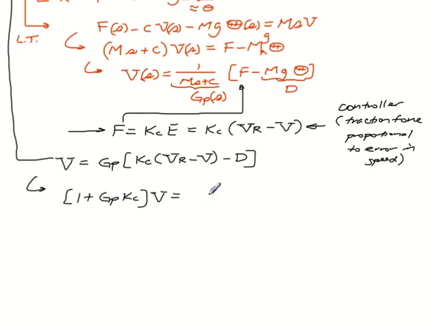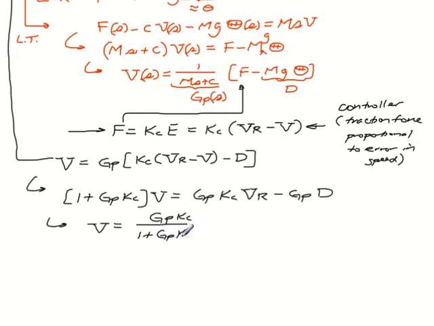On the right-hand side, I have Kc times Gp Vr, and I have Gp times D. So therefore, what we have here is V, the output, is Gp times Kc divided by 1 plus Gp Kc. That's the transfer function between the speed and our reference speed. So we'll call that Gr.